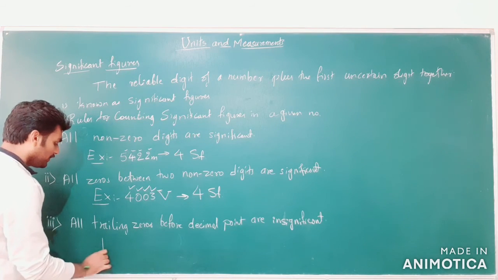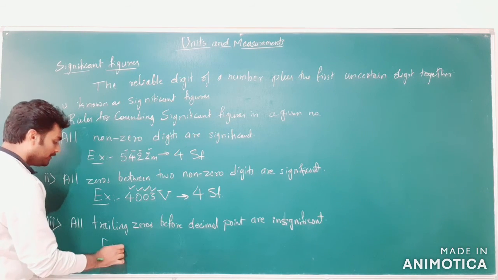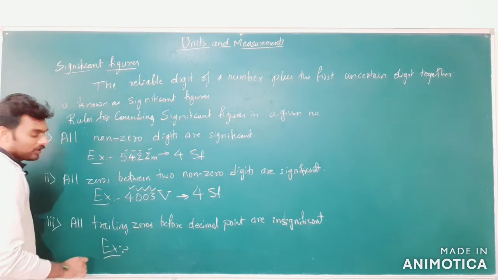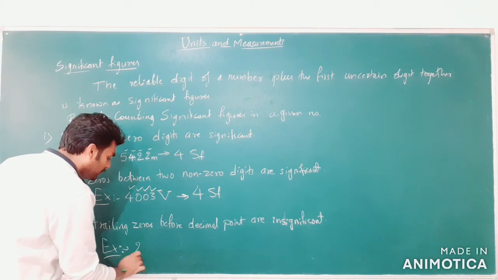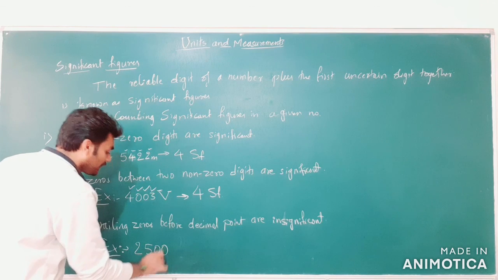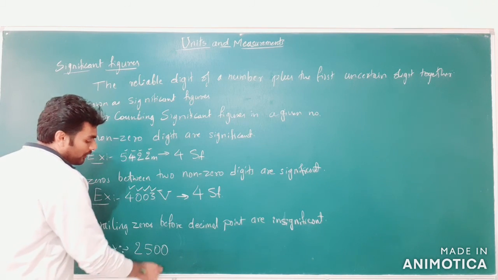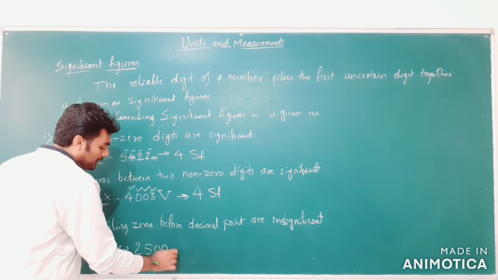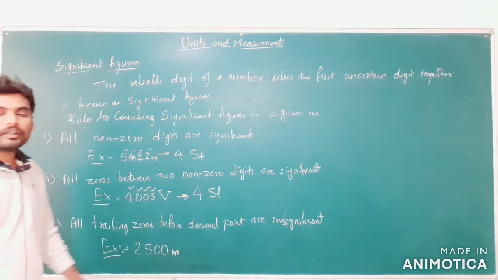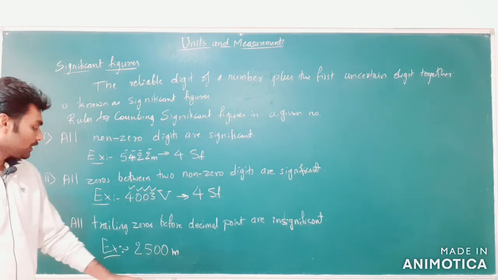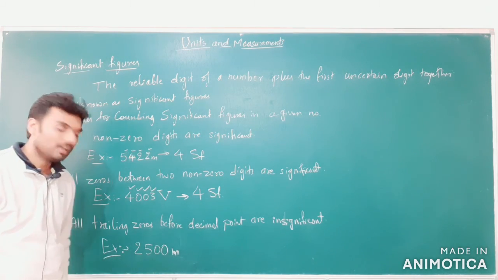This might look a little weird to you, because the example goes as such. If I have a number, say 2500 meter length itself, and I ask what is the total number of significant figures in this?